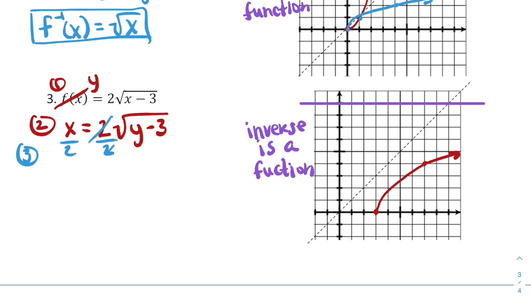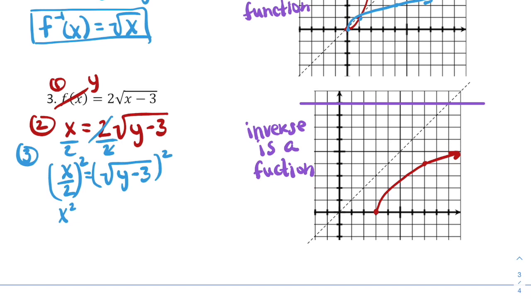So these 2's will cancel, leaving me with x over 2 is equal to the square root of y minus 3. And then in order to get rid of a square root, I need to square, and that'll happen to both sides. So be careful on doing this left side. Make sure that you take the squared and square both the numerator and denominator.